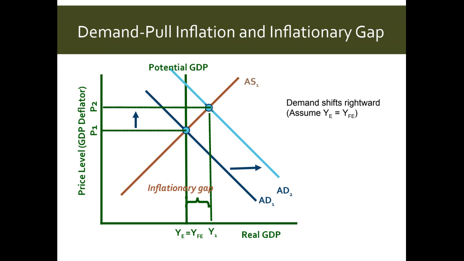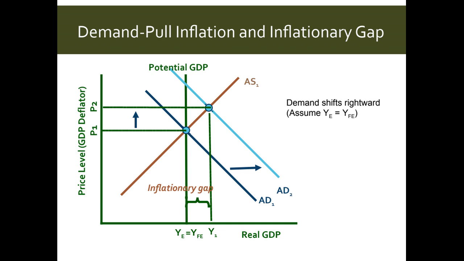So I want you to know that using this diagram, I just conclude 2 important things. Number 1, when I shift the aggregate demand curve to the right from AD1 to AD2, and this rightward arrow shows the aggregate demand curve is shifting to the right, the new equilibrium will be at the intersection of new aggregate demand and same aggregate supply because there's no change in aggregate supply curve, AS1 curve.